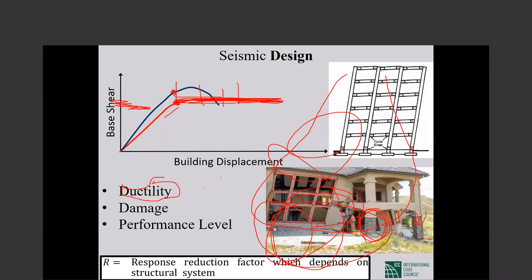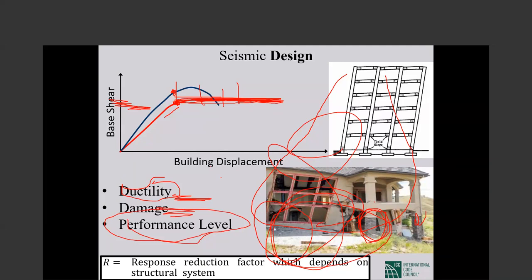Therefore, when we say design for ductility, seismic design is designed for ductility. It means we design for damage. And in existing building codes, the level of damage we call performance level. When we say we design for immediate occupancy, IO, we design for this level of damage. Design for LS, life safety, is this level of damage, which is more than IO. Design for CP, collapse prevention.